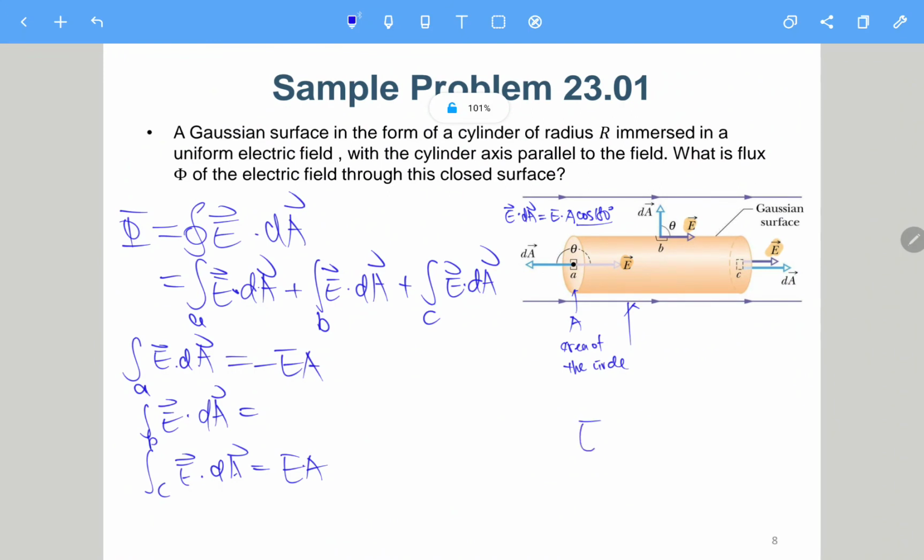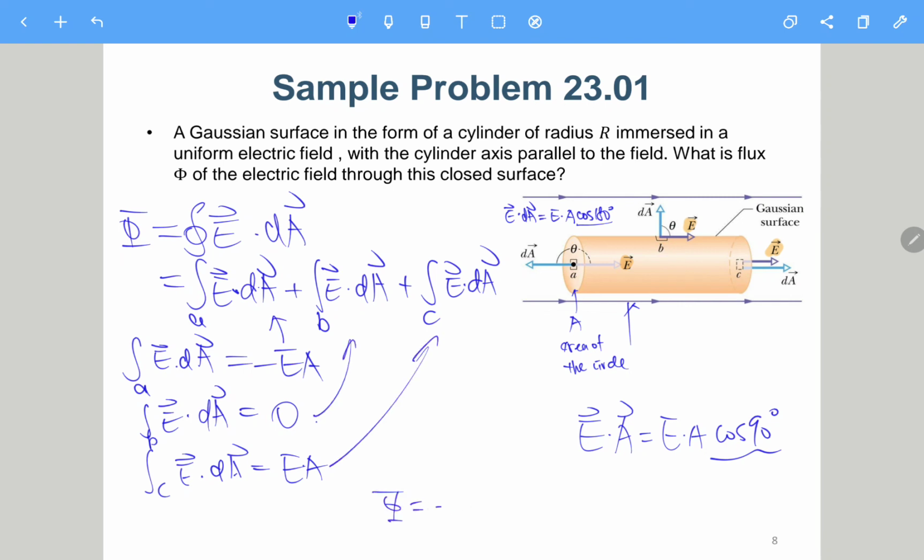So we have E times A cosine of 90 degrees, and cosine of 90 degrees is 0. So we plug this in, and finally we find negative EA plus 0 plus EA. So the net flux is 0. Very, very beautiful number.